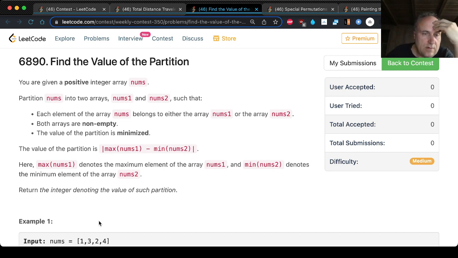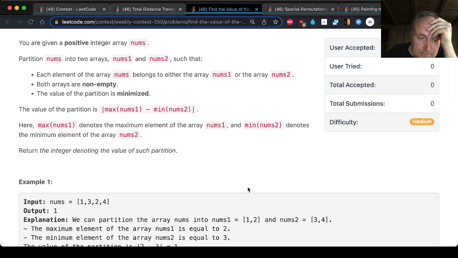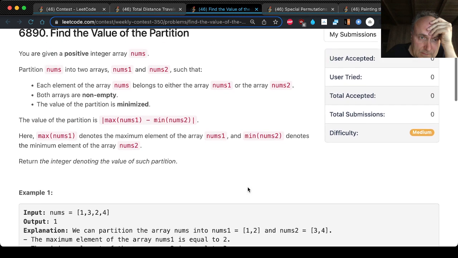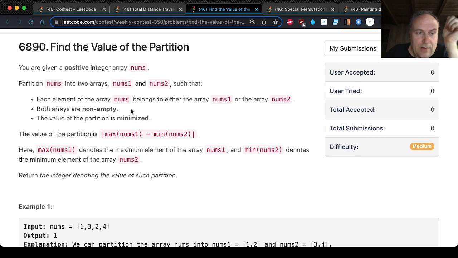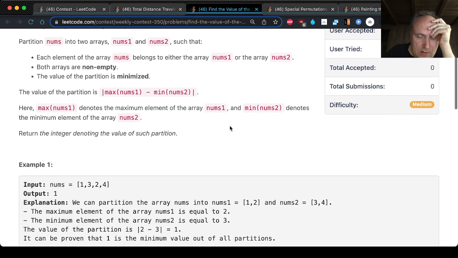So either the array, okay, both arrays are non-empty. Okay, so there needs at least one element.